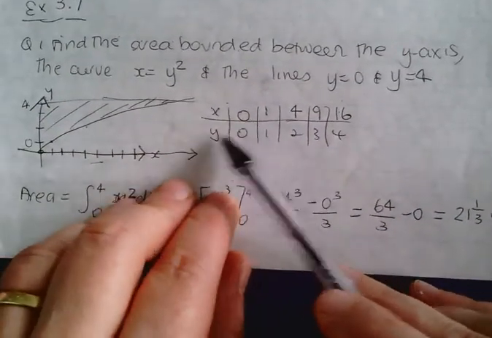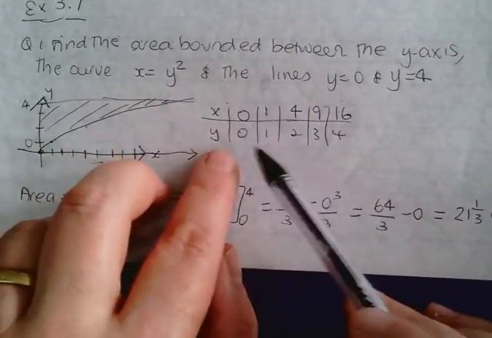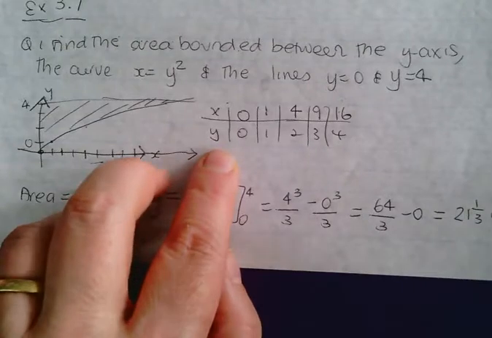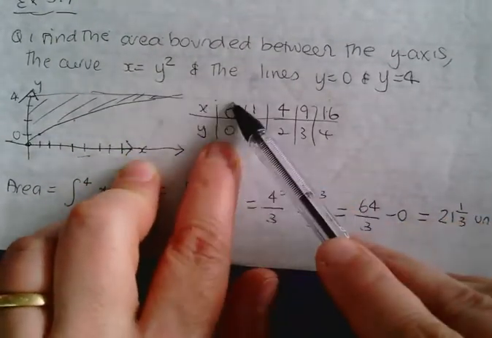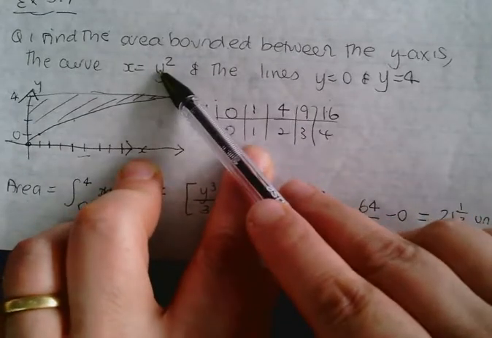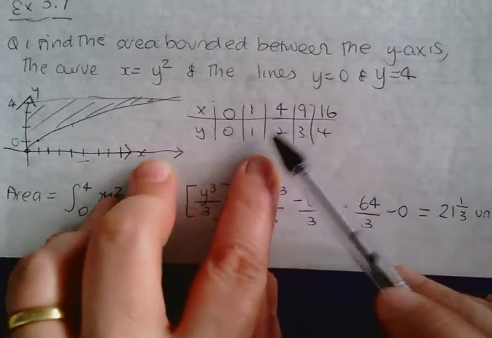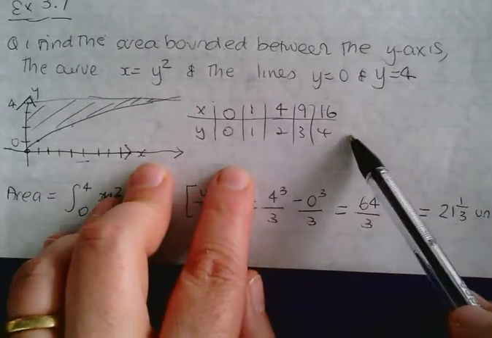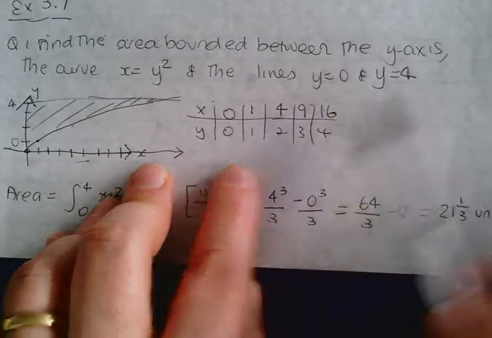I need values of y. Normally when we do a table of values, we put x first and then y. But even though the function's the other way, it still will be okay, because when y is 0, isn't x 0? What about when y is 1? What's x? 1. When y is 2, do you know why I'm choosing y is 0, 1, 2, 3, 4? Because I need to sketch it between the lines y is 0 and y is 4.